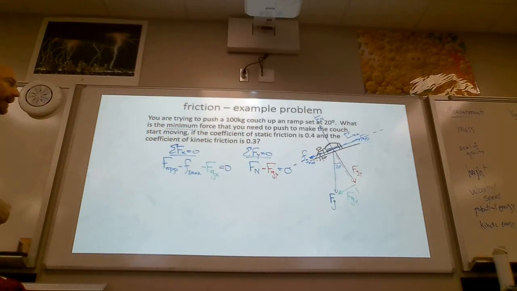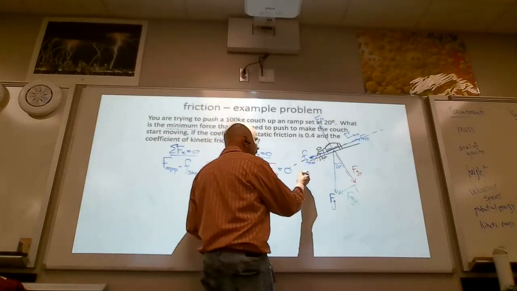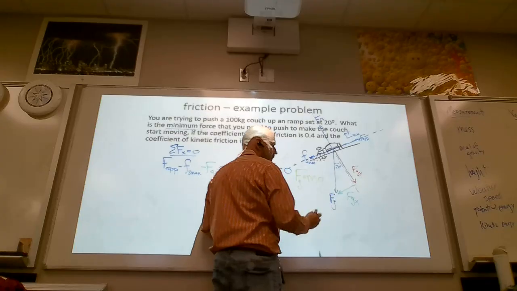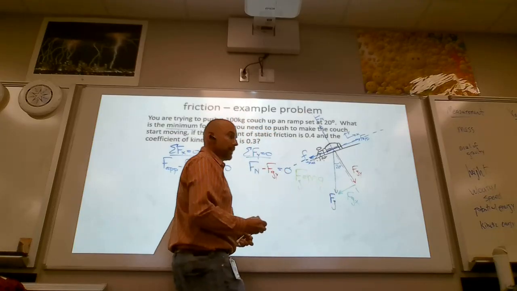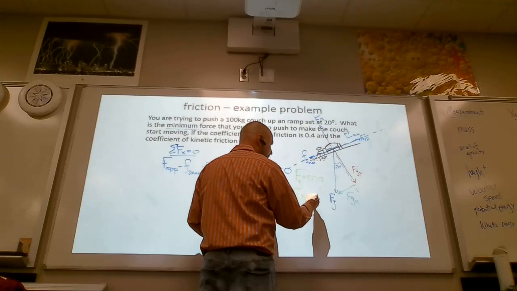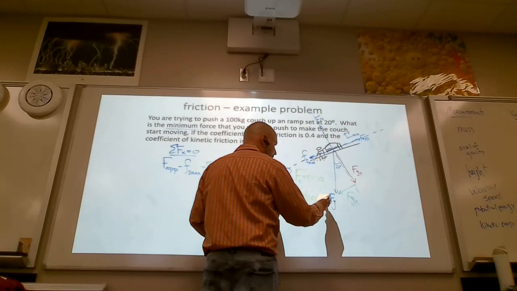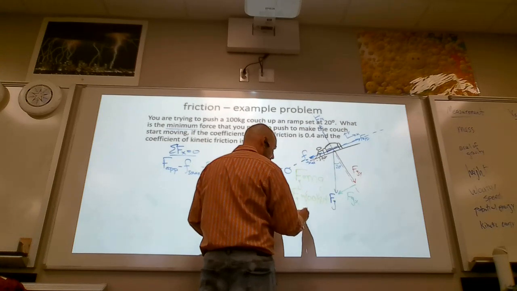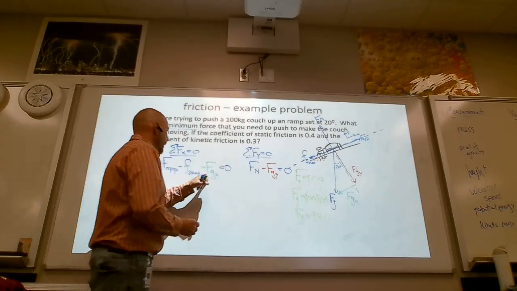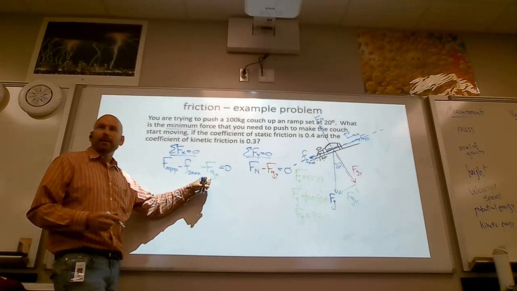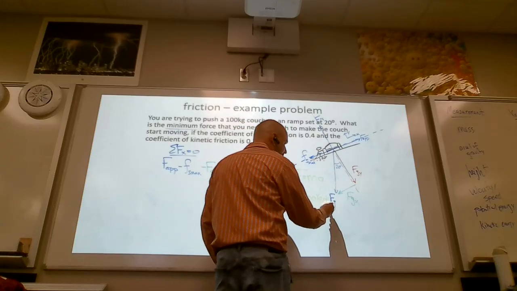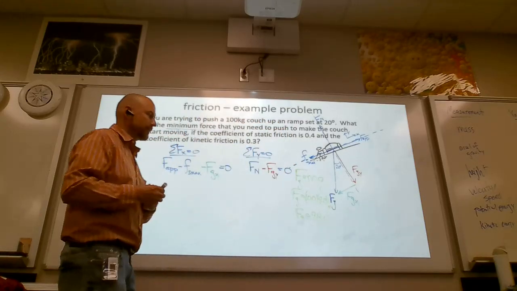How do I get force of gravity? How do I get weight out of mass? Use this equation. Force of gravity is equal to mass times 9.8. So I have force of gravity is equal to 100 kilograms times 9.8. So force of gravity is 980. Oh, I can put 980 right here, right? Nope, that's force of gravity. How do I get FGX?